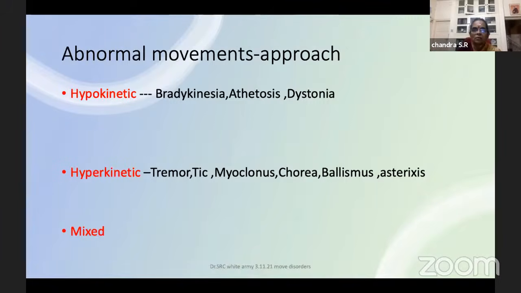That's a mixture. So now we have seen what are all the things which happen: alteration in the tone, alteration in the speed, alteration in the posture, equilibrium, and abnormal movements happen. And these abnormal movements were the aim of this session, and that is slow movement or fast movement or mixed movement. Slow movement is bradykinesia, athetosis, and dystonia. Fast movement is tremor, tic, myoclonus, chorea, asterixis, and mixed.